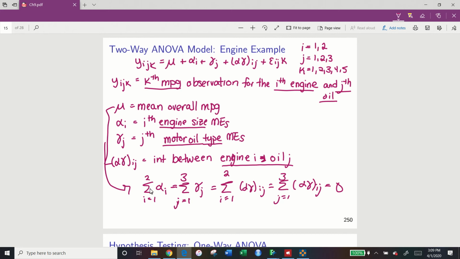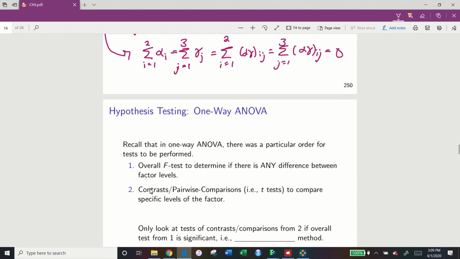So now that we've set up our model, we can move on to our hypothesis testing.